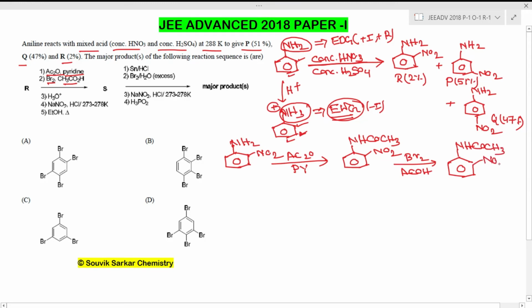So here we will get only one isomer, that is this one. Now it is treated with H3O+, and this is only for deprotecting the acid anilide, and it will form this aniline.